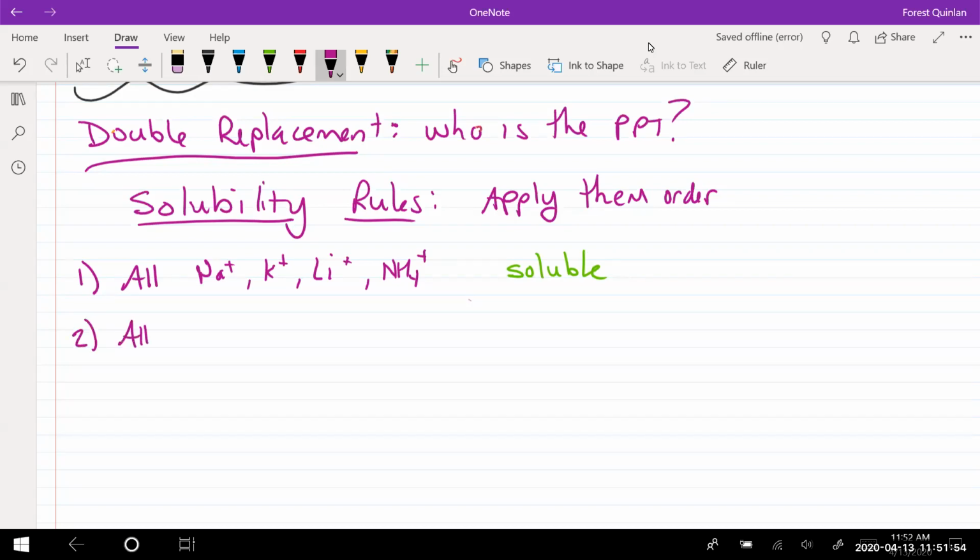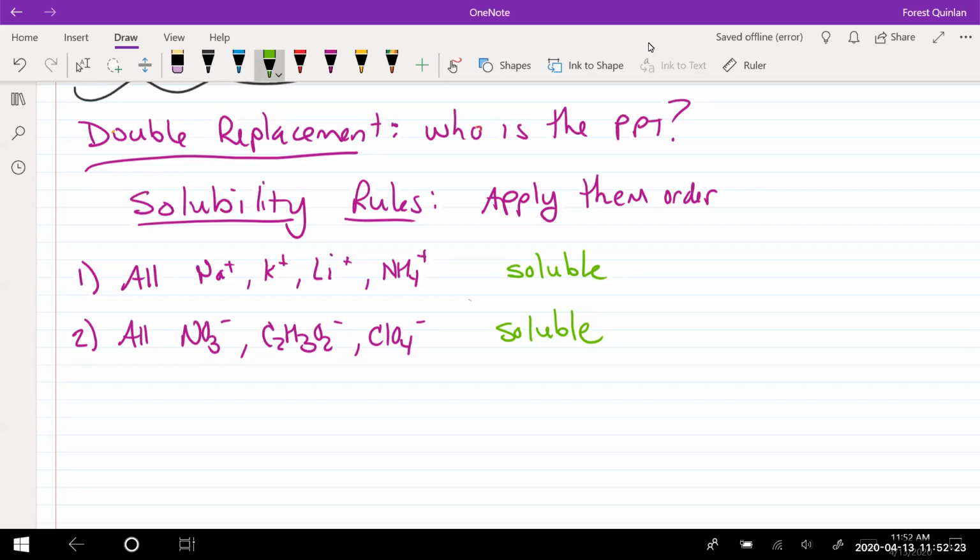Number 2, all nitrates, acetates, and perchlorates are also soluble. So again, you take a look at one of those compounds, you ask yourself, do I see one of these things in there? If it's there, it's going to go swimming. These are the 2 big workhorses.